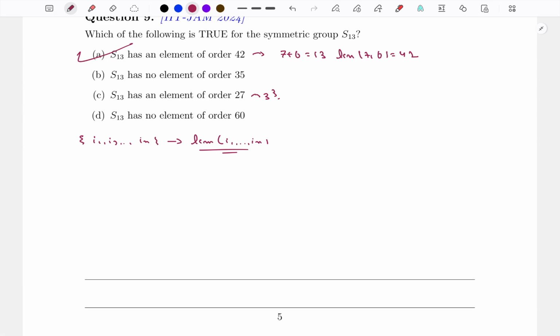See how easy this is. And by the same condition, you can just cancel out each of these three. Because you can take the cycle decomposition 6, 7. What element would this correspond to? You take the cycles on 1, 2, 3, 4, 5, 6, and then 7, 8, 9, 10, 11, 12, and 13. That's it. This will have order 42.